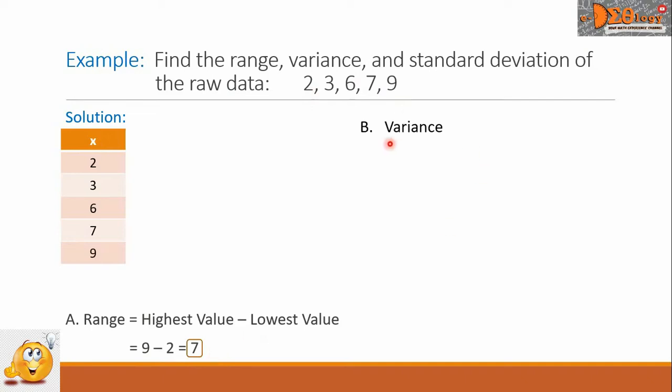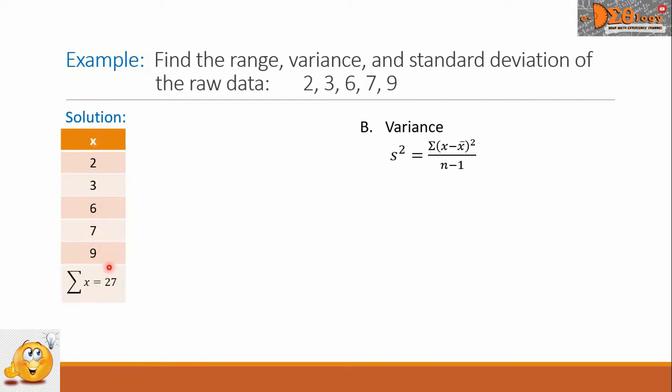Let us now compute for the variance. The formula is given here. The first step now is to get the summation of this column X. So we have summation of X, or the total of this column, equals 27. Let us now solve for the mean.